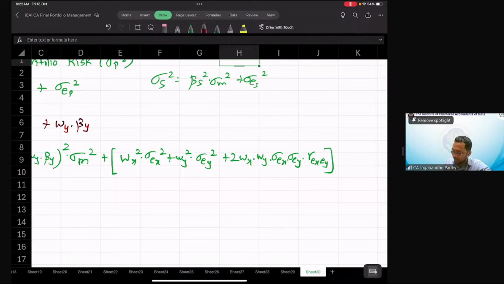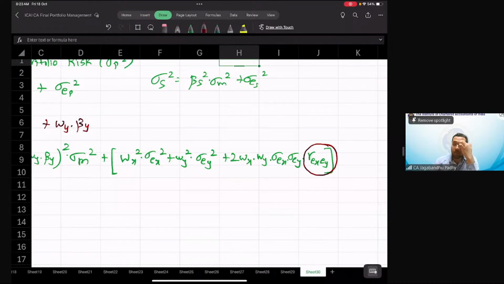Now, one peculiar characteristic of this is, what do you think should be the value of this correlation between error of x and error of y? What do you think? Will there be any correlation between two error terms?